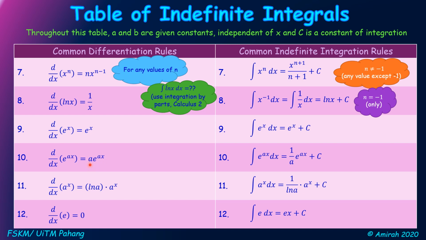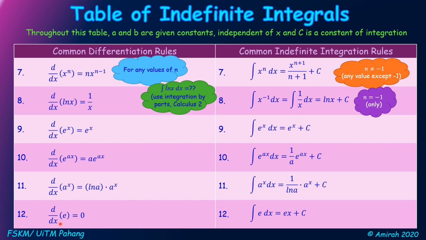We multiply by the constant a in front. But when we integrate e to the power of ax dx, we have 1 over a, e to the power of ax plus c. When we differentiate a to the power of x, where a means a constant, it equals ln a times a to the power of x. And when we integrate a to the power of x dx, we have 1 over ln a times a to the power of x plus c.